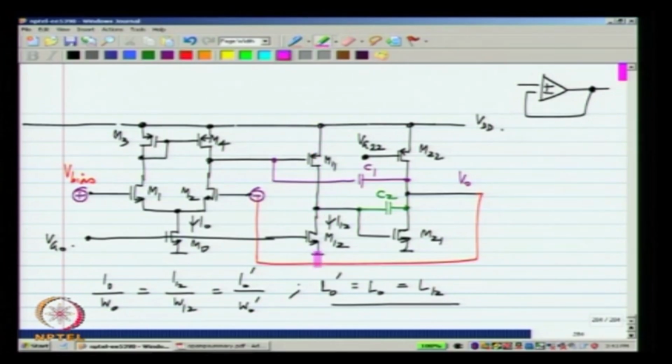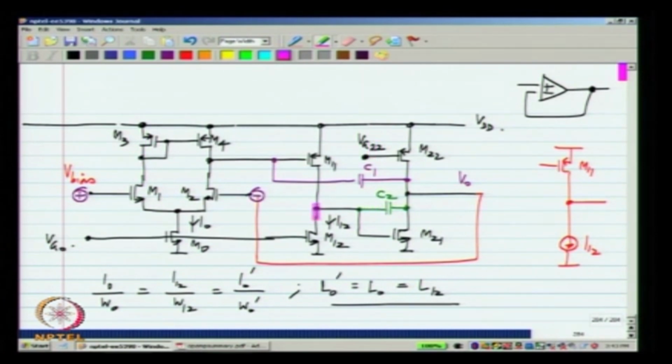Now, if you think of this M11 M12 stage, let me redraw that here. This M12 is a current source, so I will show it as a current source. This is I12. There is feedback through this M21 and through the input differential pair.